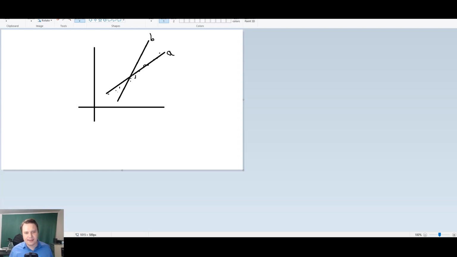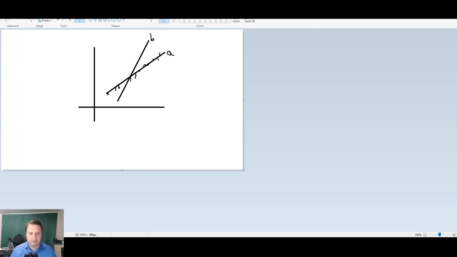So A, I think you can tell, is a better line for trying to plot this data. But why is A better than B? I mean, we can see that it's going through more of the points, but what's exactly happening? Well, what the computer is doing is it's measuring the vertical distance between every single dot and the line, and then squaring all those distances and then adding it up, okay?